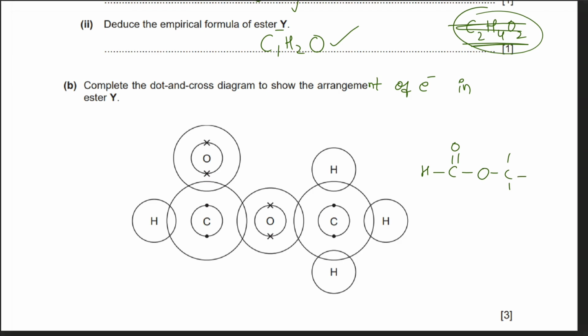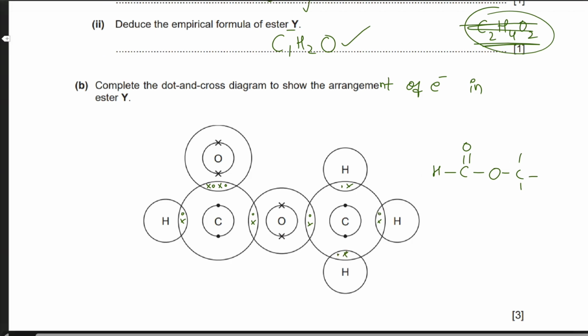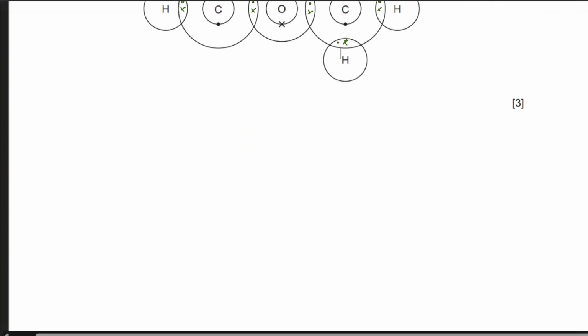So wherever you have a double bond, you have to keep 4 electrons. Wherever you have a single bond, 2 electrons will be shared. Next question.